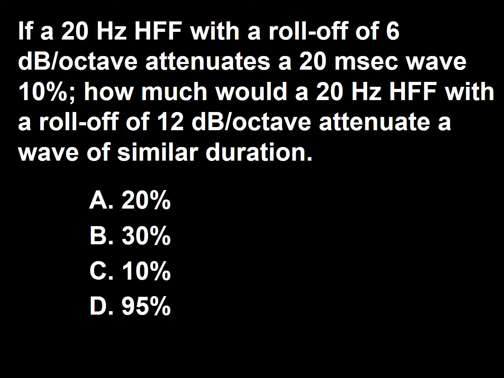If a 20 Hz high frequency filter with a roll-off of 6 dB per octave attenuates a 20 millisecond wave 10%, how much would a 20 Hz high frequency filter with a roll-off of 12 dB per octave attenuate a wave with similar duration? A 20%, B 30%, C 10%, D 95%.